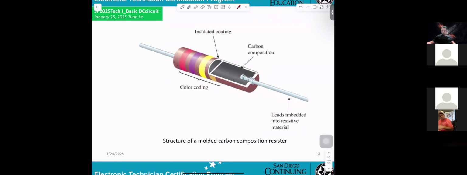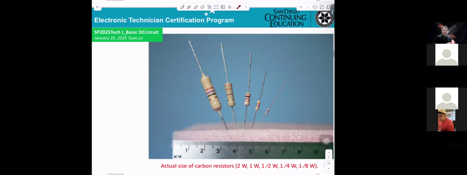That we don't care. That's more physical of the resistor. Okay, we will not deal with that. And that one is showing you a different type of resistor. Small one, a little bigger, bigger and bigger.